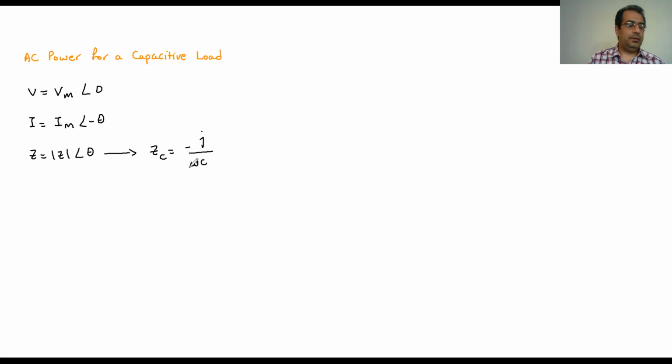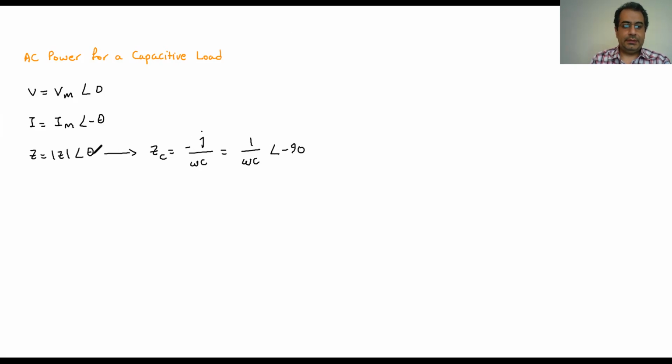Sorry, negative j over omega C. So that is the Z, and it is going to be equal to 1 over omega C with angle of negative 90, if I write this in the polar form.